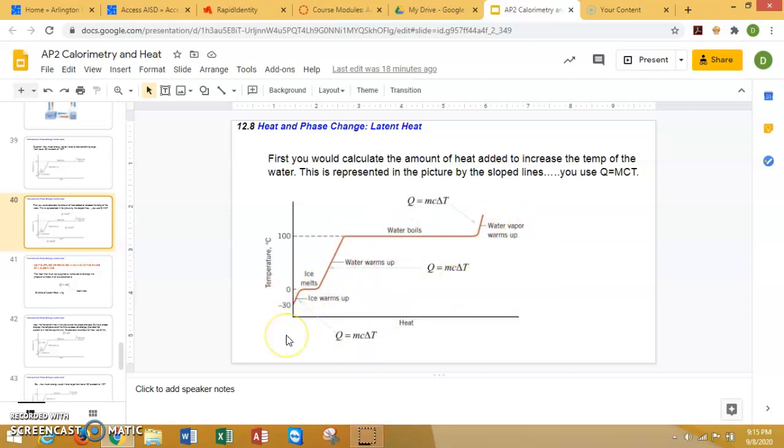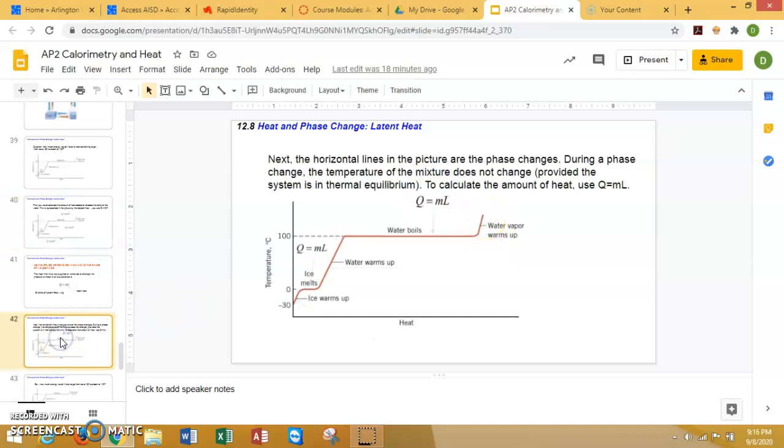So what I would have to do to solve this problem is I would have to do MCΔT for this small little positive slope line. Then I have to do MCΔT for this line. Then I have to do MCΔT for this line. And then I'll have to do M times L for this flat line and M times L for this flat line, and then I've got to add it all up.